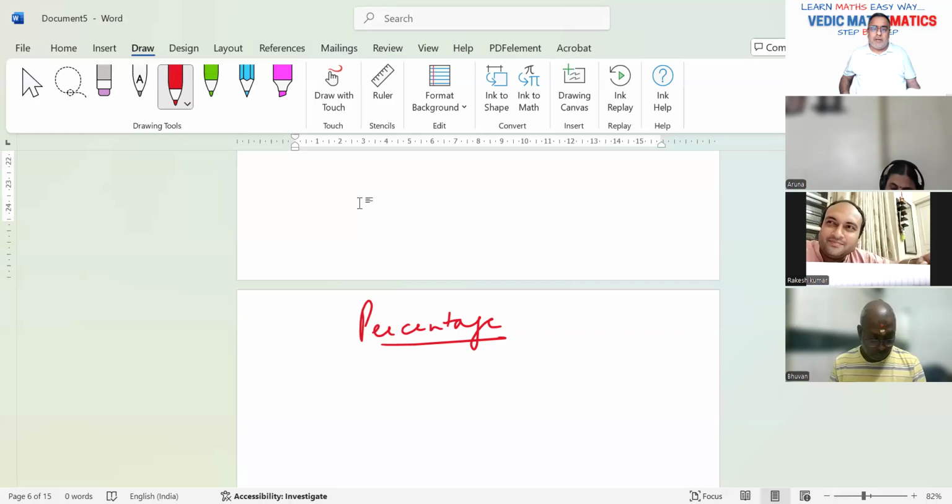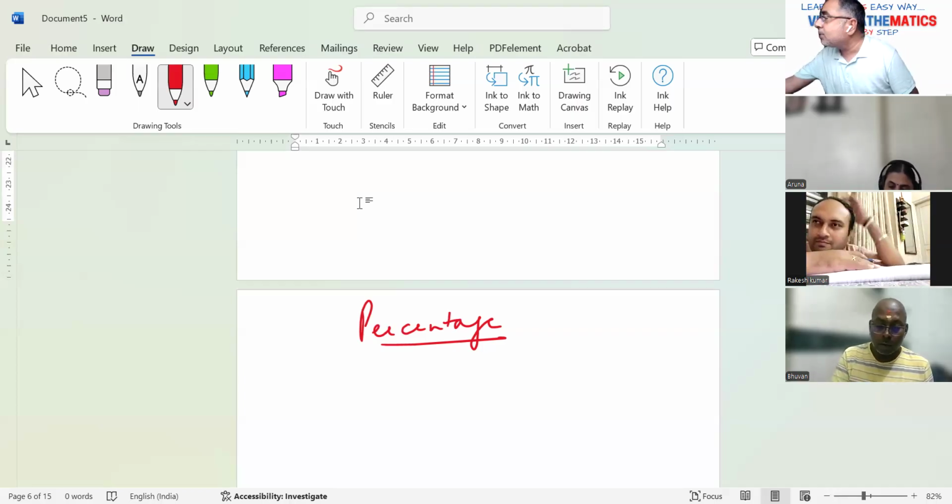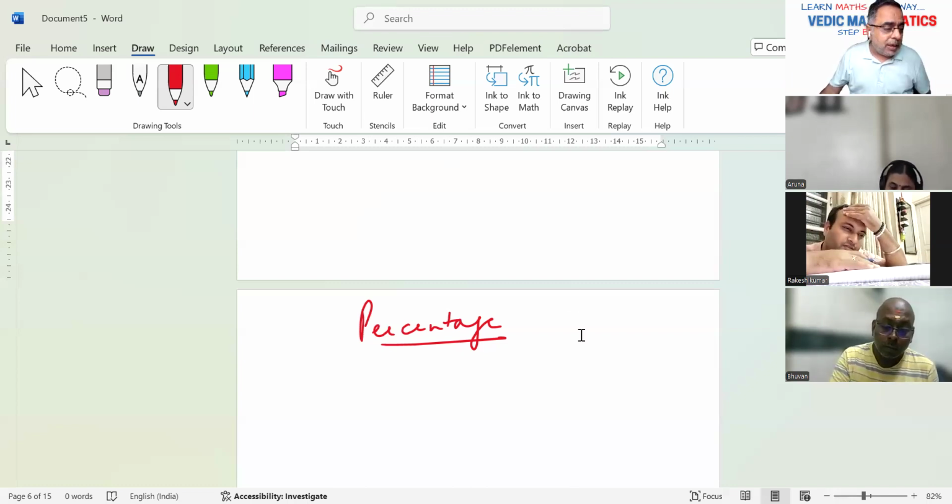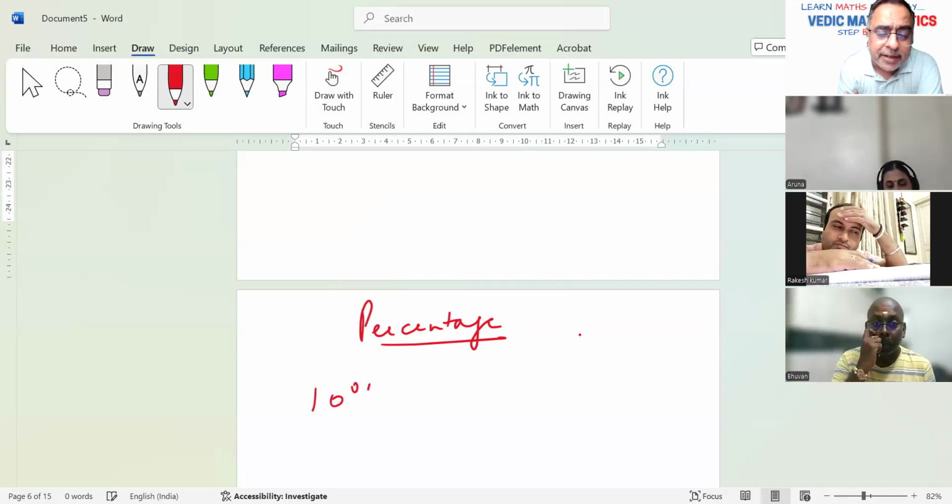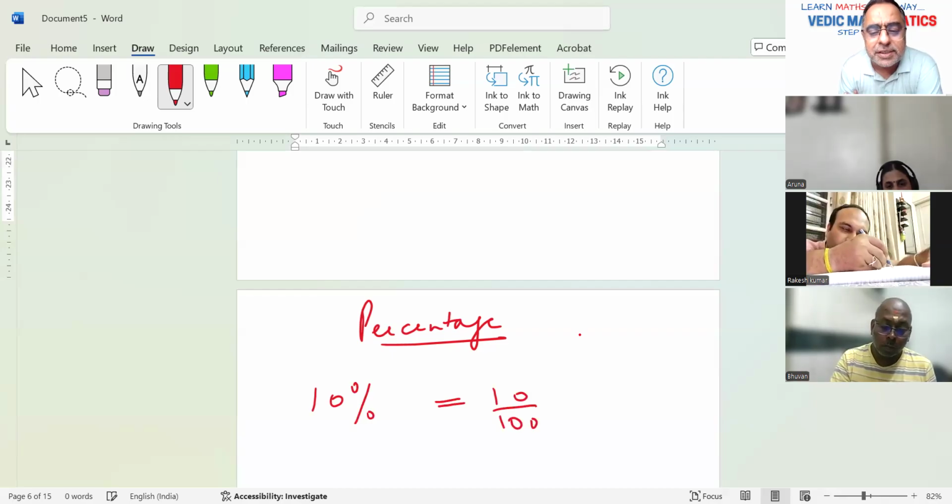It is just a fraction, a number expressed as a fraction of 100, simple as it is. What you are saying is a formula, like what is 7% of 10. So we are not discussing that directly, we are just discussing what is a percentage first. We should first know what is percentage, then we will go on to the rest. Anyhow, so percentage is expressed as a fraction of 100. If I say 10%, that means 10 by 100, finish.